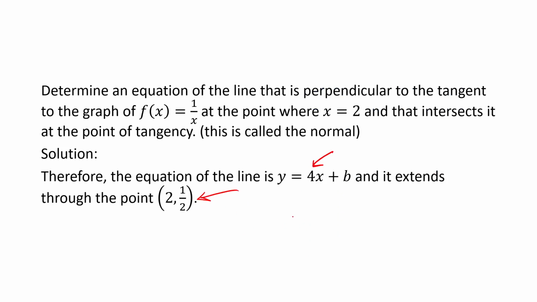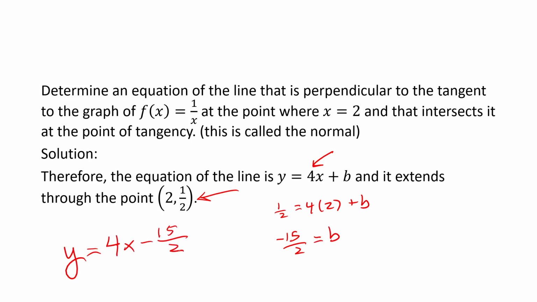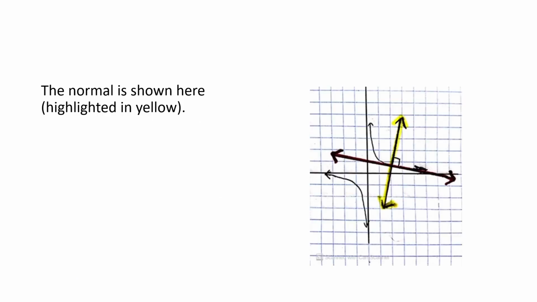I'm going to temporarily sub in an x value of 2 and a y value of 1/2. B ends up equaling negative 15 over 2. And so I can say the equation of that normal line, which I'll show you again, it's the yellow line on this curve that's perpendicular to the tangent. The equation of that line is y equals 4x minus 15/2.